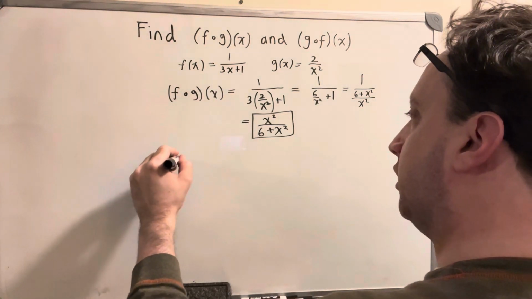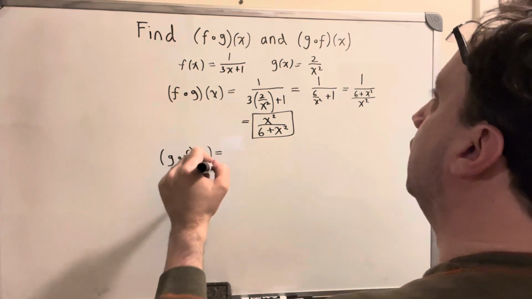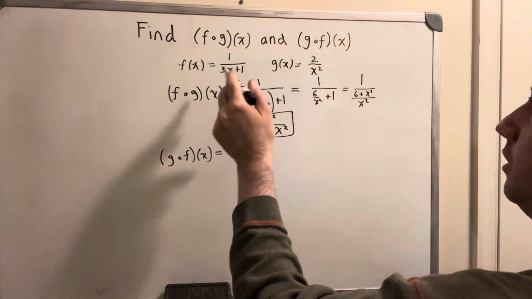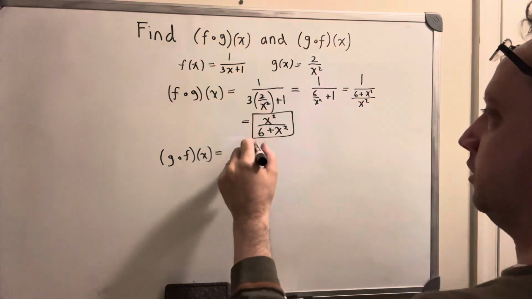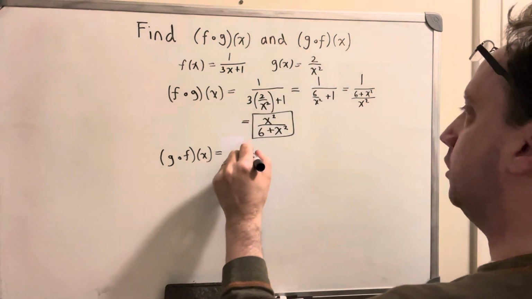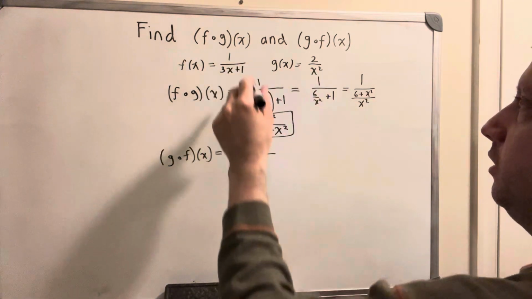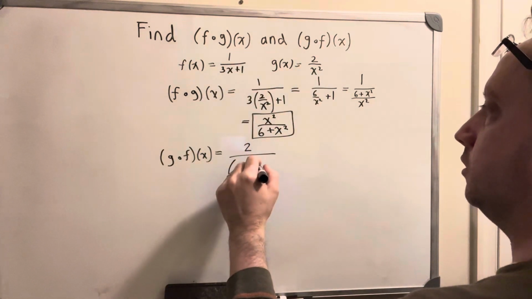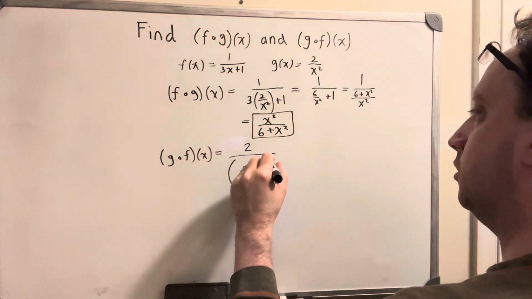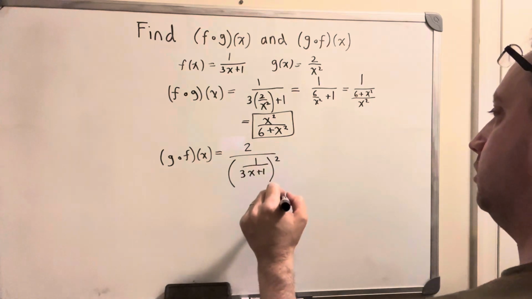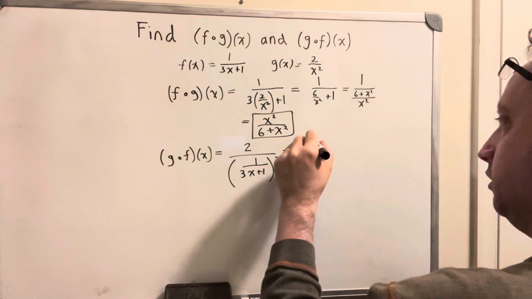Now, g of f of x, you take this everywhere in this function. So you start out with g, you got 2 over, now this is 1 over 3x plus 1 squared. In this case, we can do this.